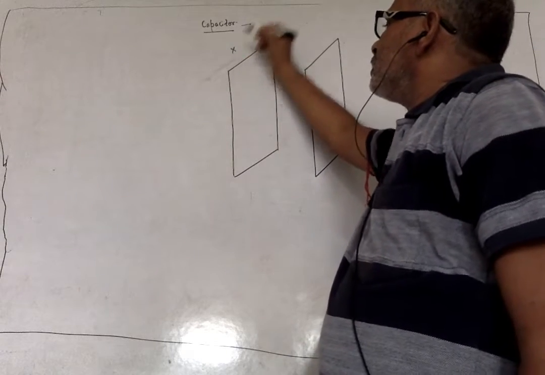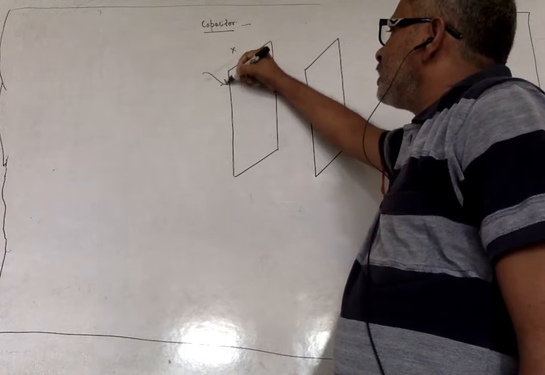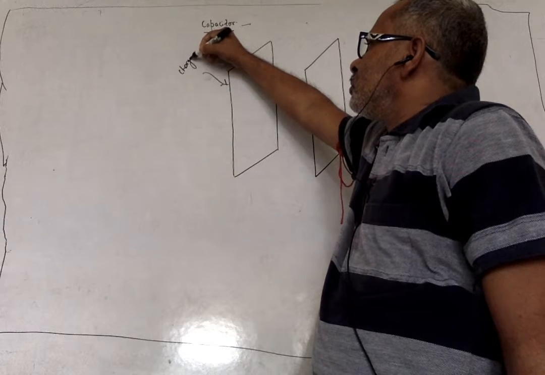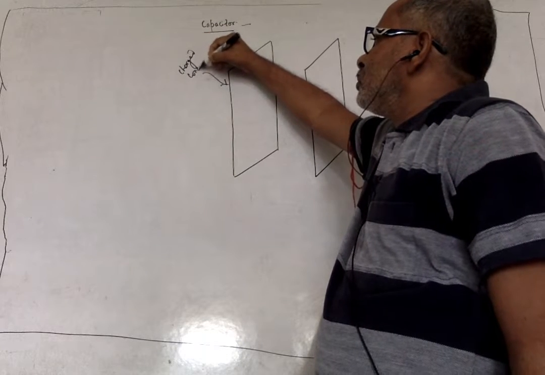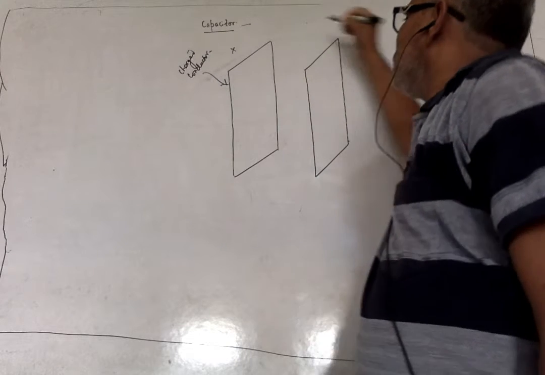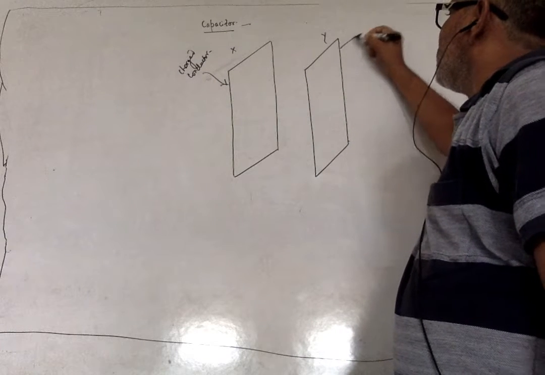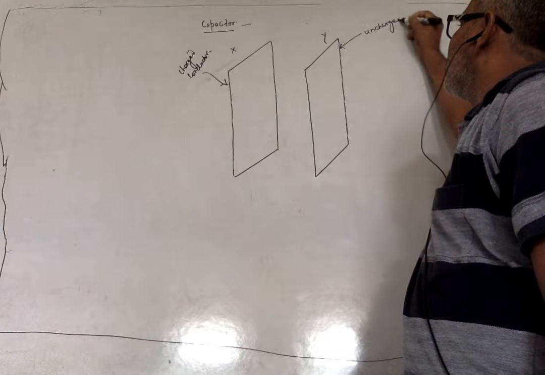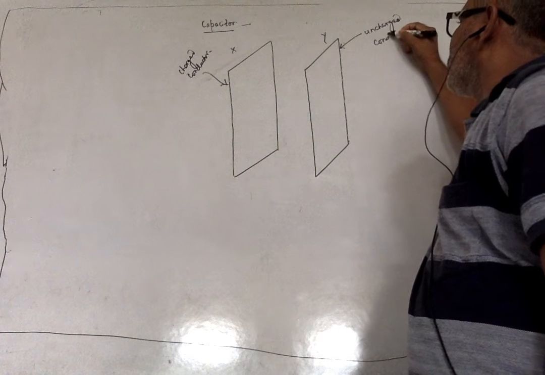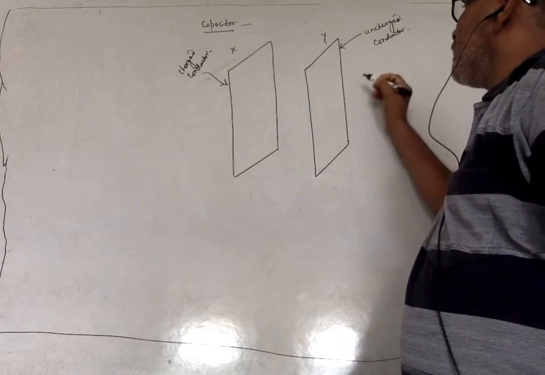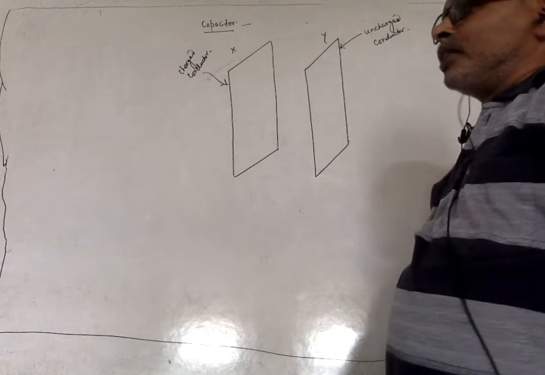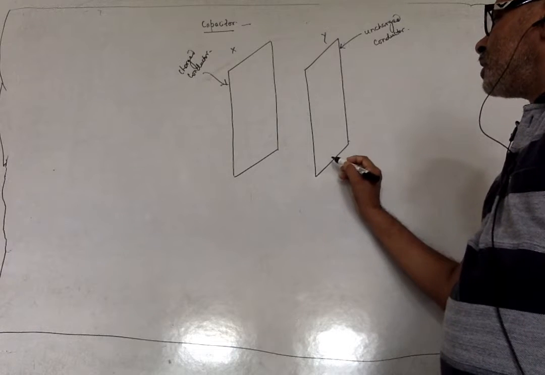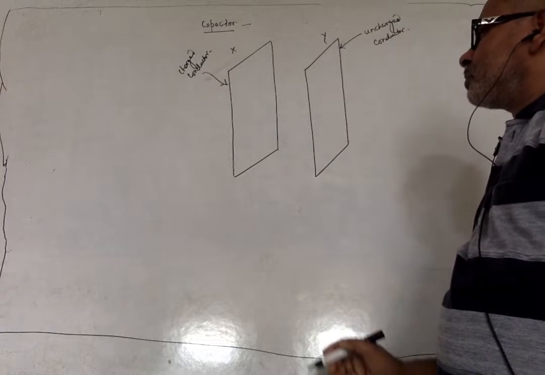X is the charged conductor. Y is the uncharged conductor. When an uncharged conductor is brought near the charged conductor, the capacity of the charged conductor increases. This arrangement is called a capacitor.